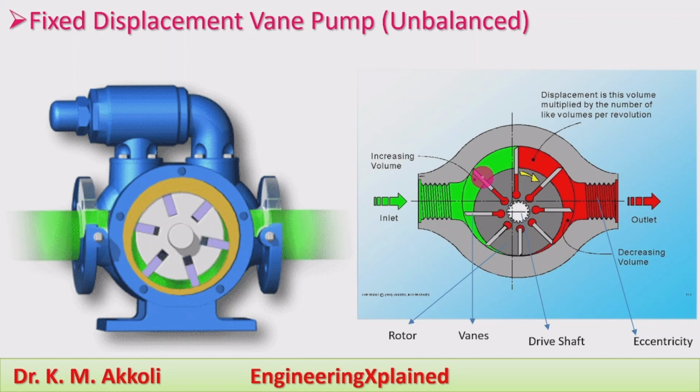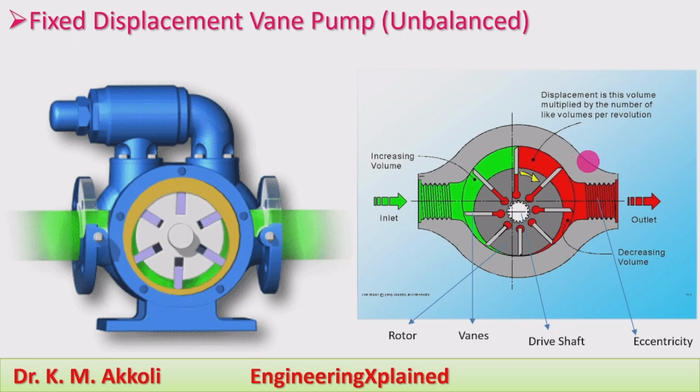During its rotation it carries the fluid around, and whenever the volume decreases due to the rotation of the rotor and movement of the vane inside the rotor, that pressurizes the fluid in the delivery line at the outlet, and decreasing the volume takes place there. That is the cause for increasing the pressure and delivering it.